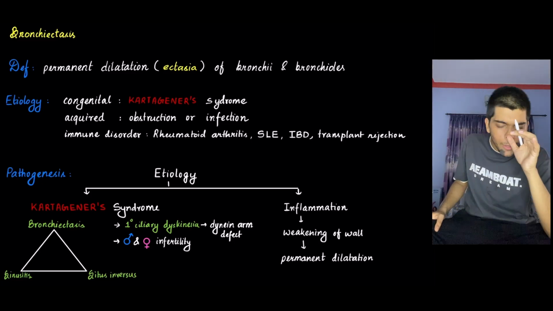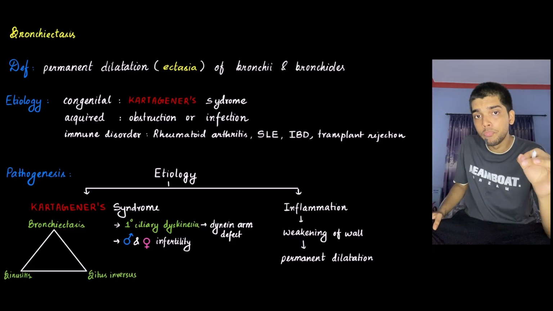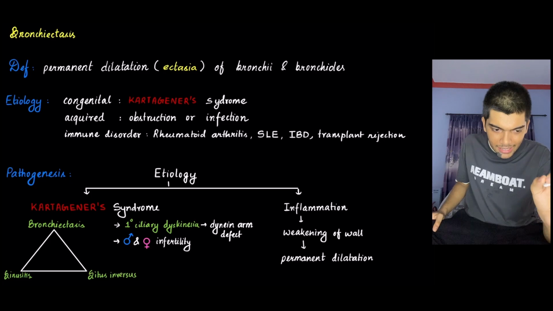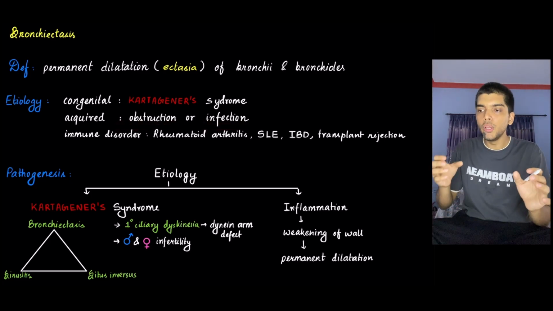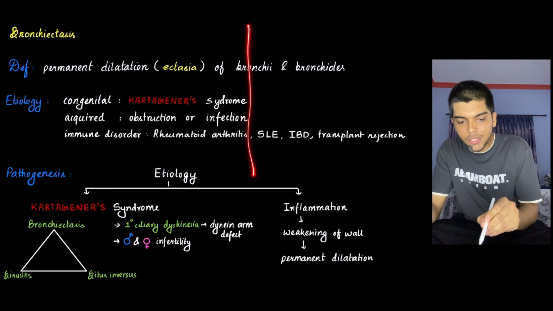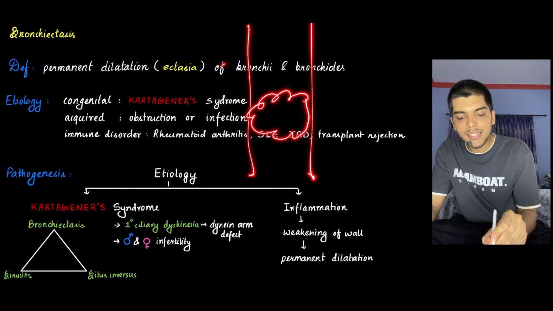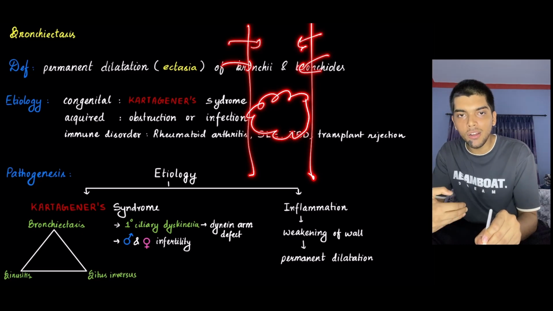Second, there are many etiological factors as I explained, but the most common etiological factors that lead to bronchiectasis are obstruction and infection. During obstruction, let's say this is your bronchi, there is obstruction due to a tumor. What happens? There is continuous production of secretions, but these secretions don't go down.